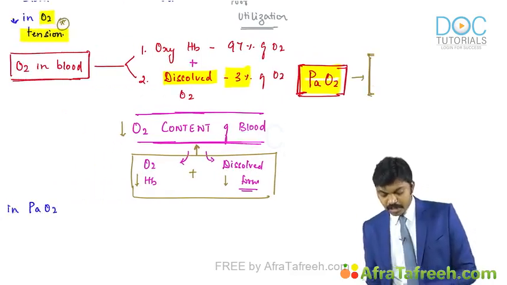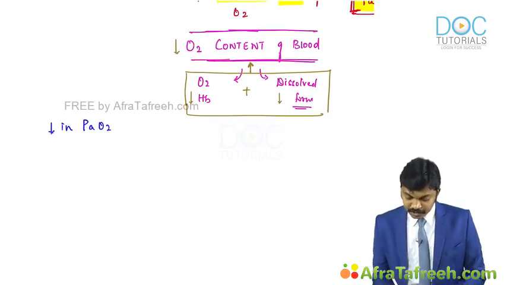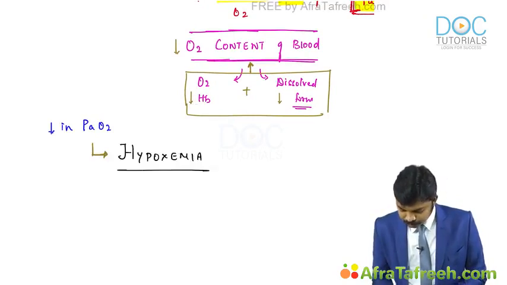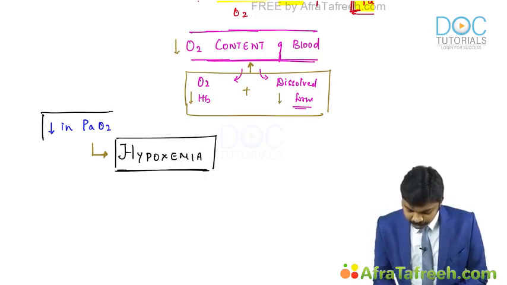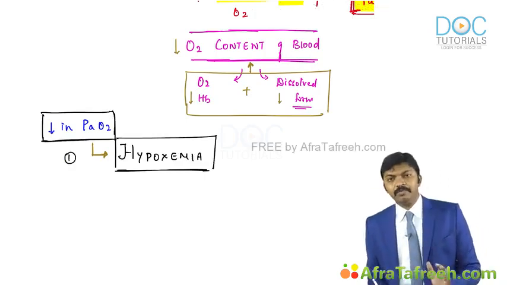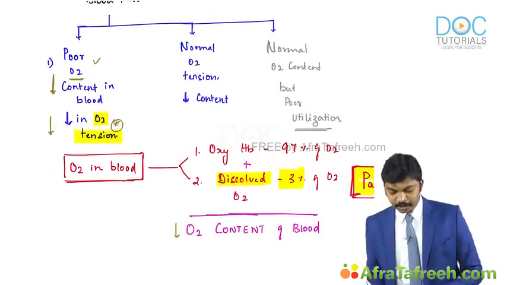Right, doctors? Reduction in partial pressure of arterial oxygen is called hypoxemia. So hypoxemia is a very important cause of hypoxia, and the first and foremost cause, doctors.